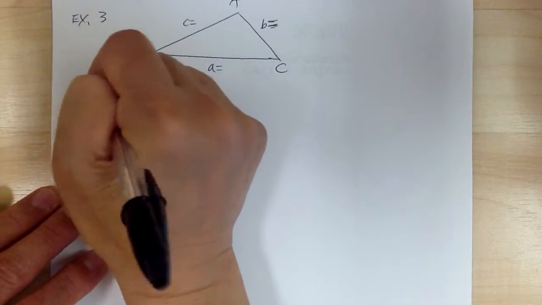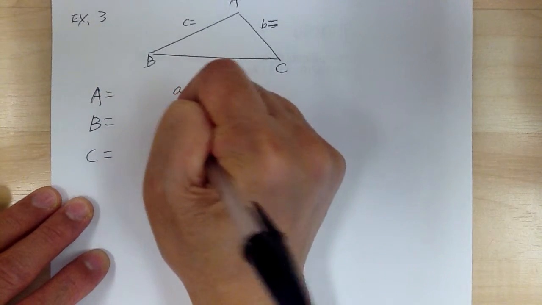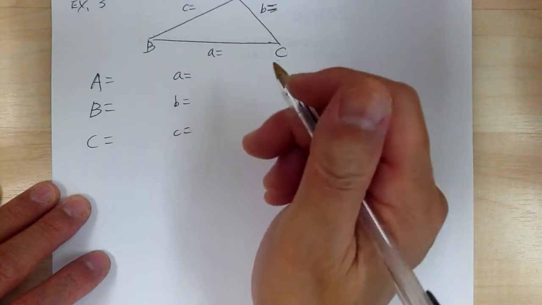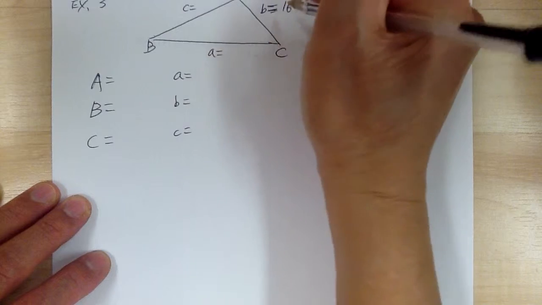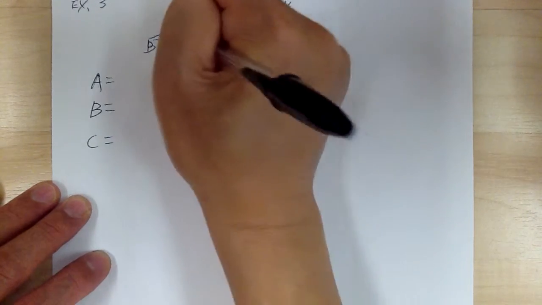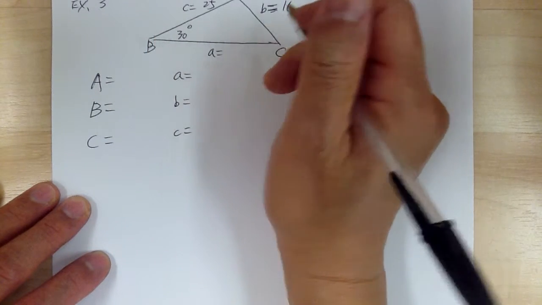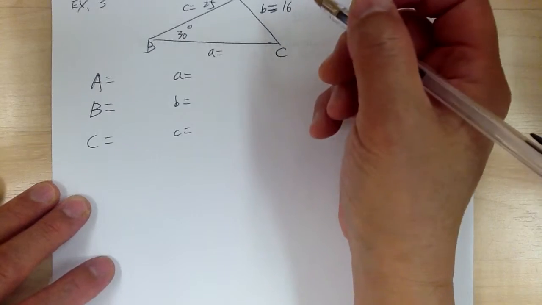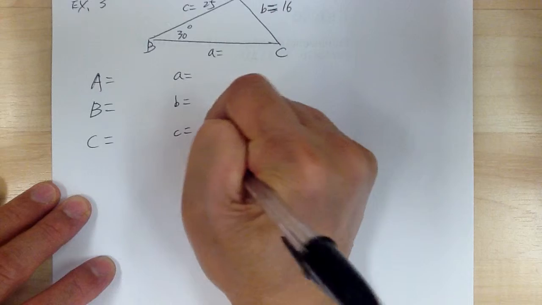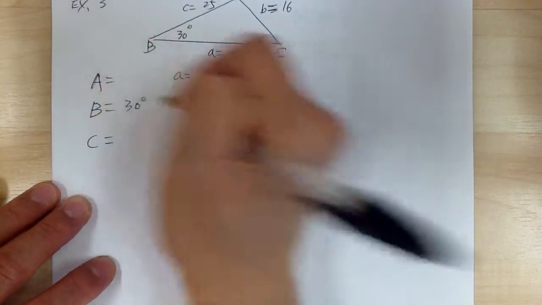Okay, again, you're going to have A, B, C. So it says solve, given that small b equal to 16, and small c equal to 25, angle B equal to 30 degrees.